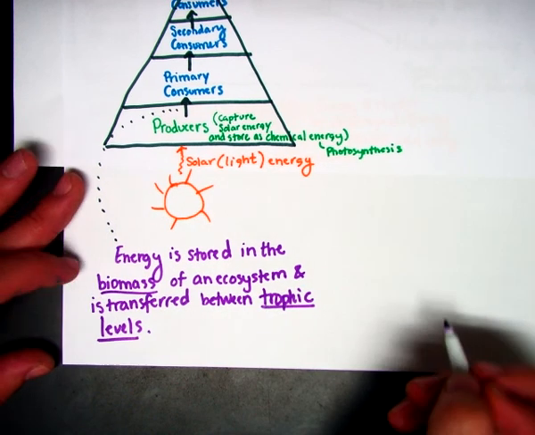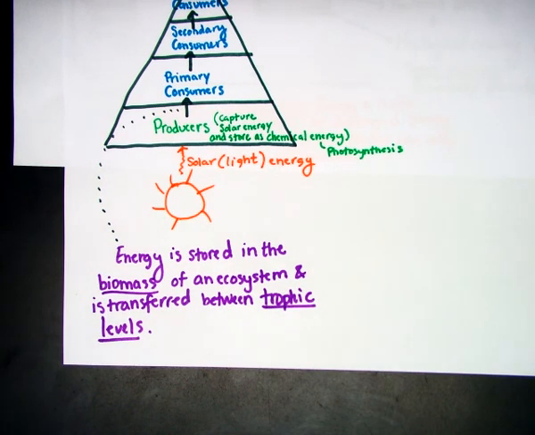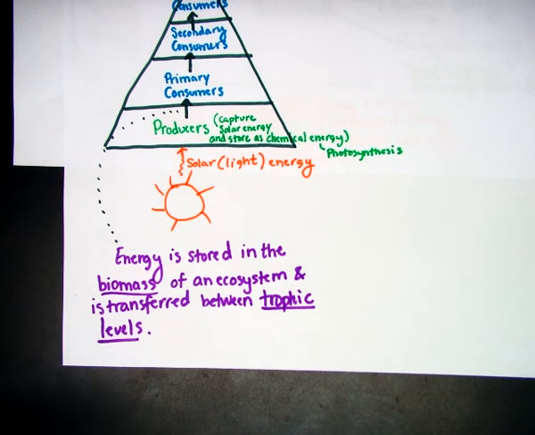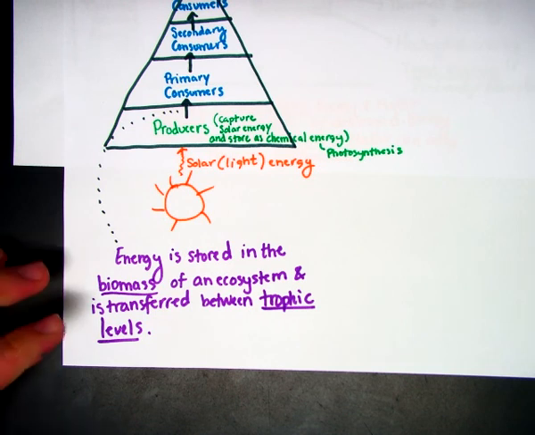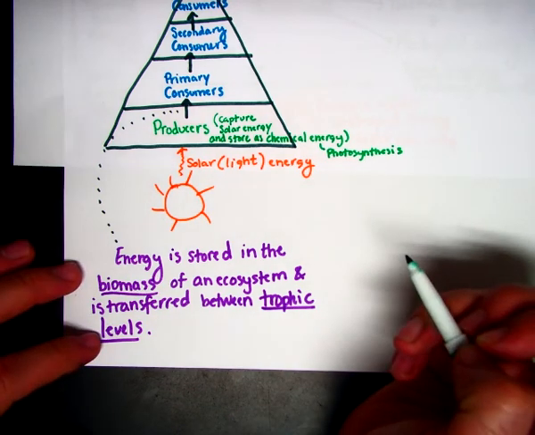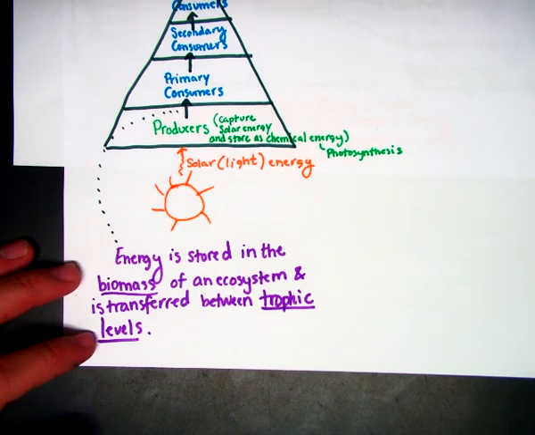So biomass, that's just referring to that organic matter. If you think about what gives energy to the next level, it's their food, right? The food is what contains the energy, it stores the energy. And that energy is transferred between trophic levels.